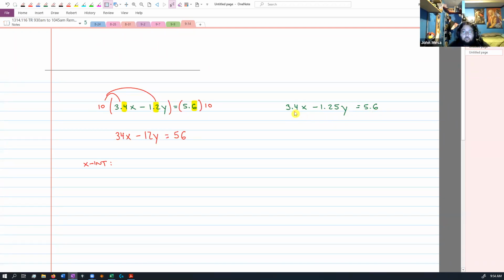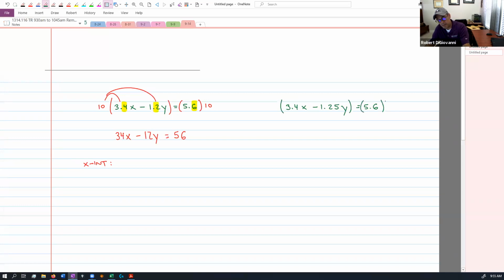If I move the decimal point one place over, it'll turn this to a 34, but it's only going to turn this into a 12.5. It's not going to make it a nice number. It's still going to be a decimal, right? And this, if I move it one place, will be 56. So moving one decimal point is not enough. I need to move it 2 decimal points over to make everything be nice numbers. So that means I'd really be multiplying not by 10, but by 100.